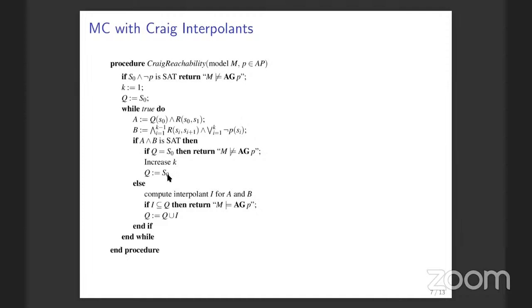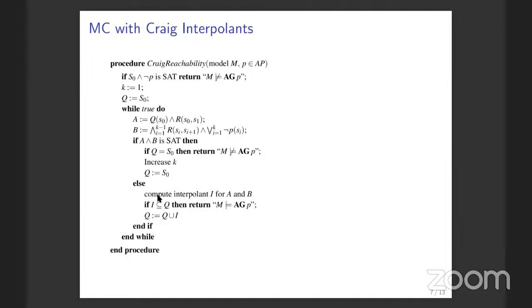Let me come to this part later. If A and B is not sat, right in the beginning you will do a one-step counterexample, two-step, three-step, and so on. Let's suppose that it is unsat, which means you have not found any one-step counterexample.